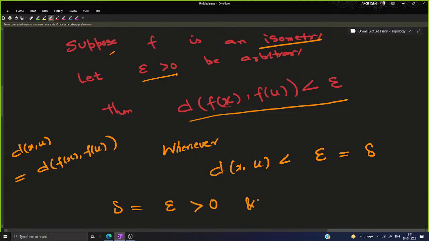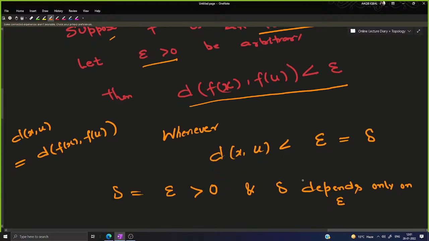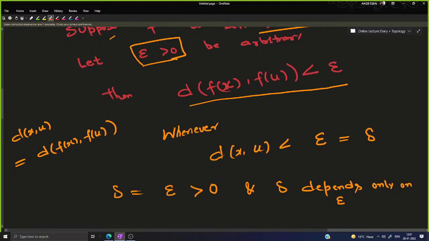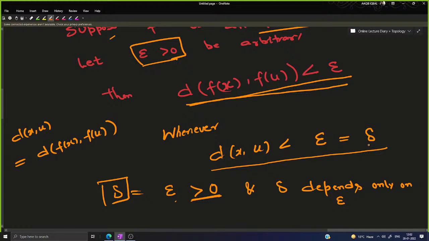And there is one more thing: since you are taking delta to be equal to epsilon, delta depends only on epsilon. That is more important. I am showing you here that given an epsilon positive, there exists a delta, which is also positive, such that the distance between f of x and f of u will be less than epsilon whenever the distance between x and u is less than delta.